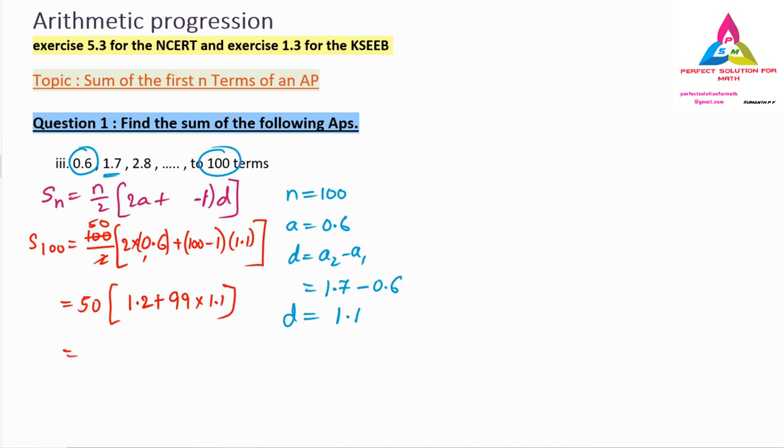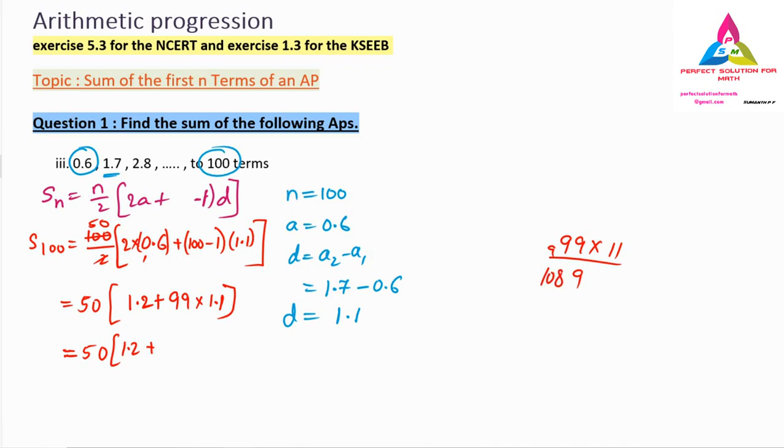So in the calculation, 50 and 1.2 we keep as they are. Very importantly, 1.1 into 99: we can consider 1.1 as 11, so the multiplication is easy. Afterwards we can put the point. 11 9s are 99, carry 9, 11 9s are 99 plus 9 is 108.